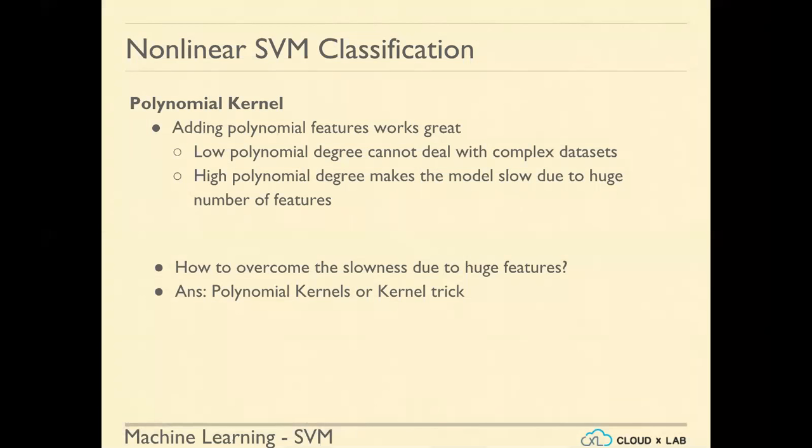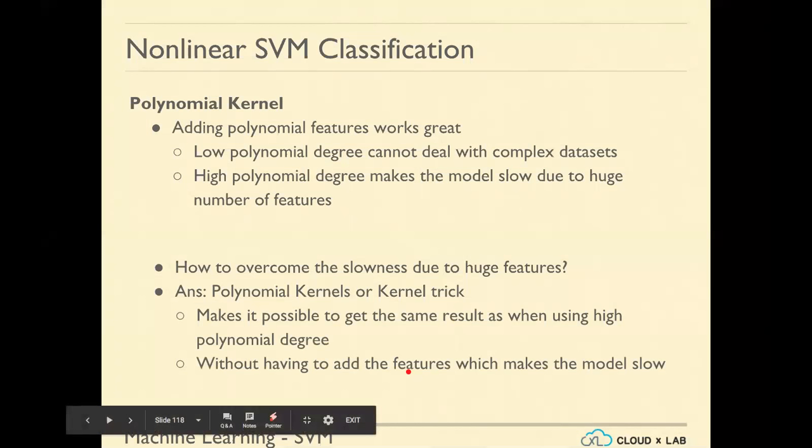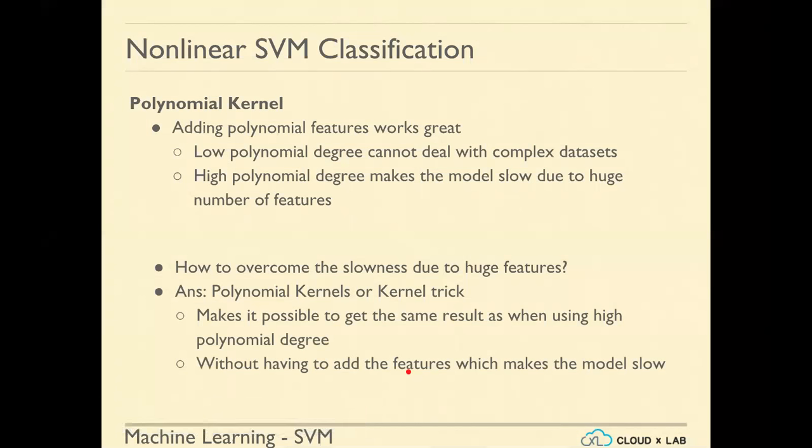So there is something called the kernel trick, or polynomial kernels, that again we will describe in detail later if time permits. The kernel trick is something that SVM provides in order to give you very good results using a low polynomial degree.